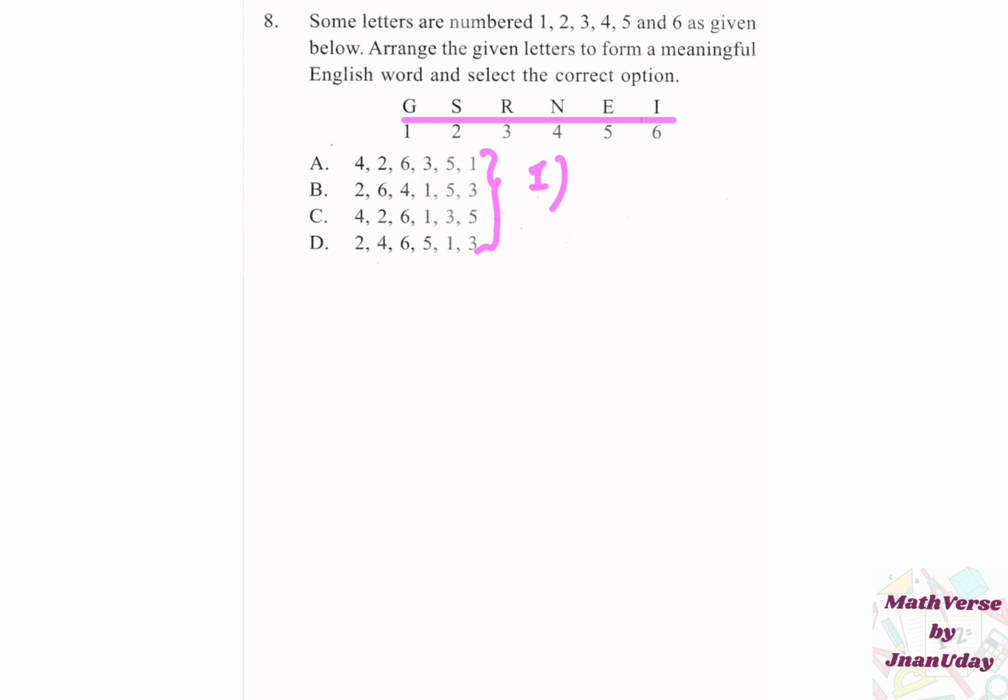If something is coming in your mind, that is the best thing that we can do, so we can save time. But if you are not able to follow through, we can take all the options one by one and try to form word. So option A, number 4, it is N, number 2 S, likewise I, R, 5 is E, 1 is G. This is not forming a word, so this is not the correct option.